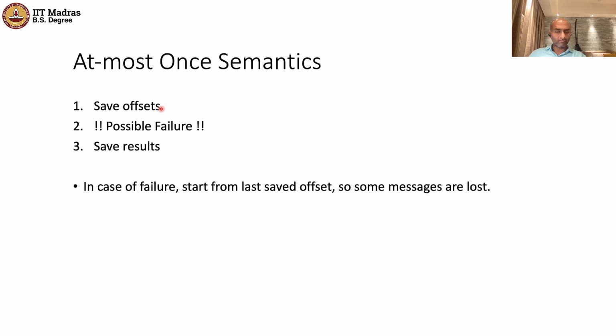So I'm going to read from the saved offset, right? Let's say, for instance, the offset was 10, which means I'm reading the 10th message in that partition. I finished reading, and then I've saved the offset to 11, and then there is a failure. So when the consumer is started again, it's going to pick up from the offset that it thinks is where it left off, which is offset 11. But the results from processing the message from offset 10 have still not been saved.